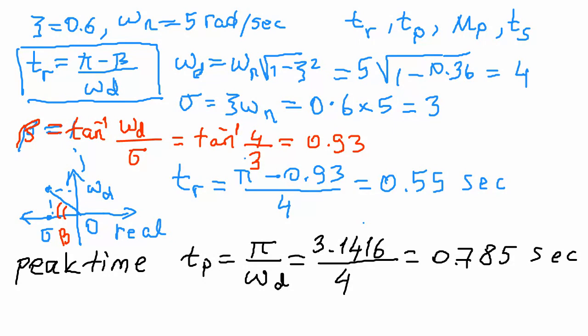So peak time, of course, rise time is the earlier one, reaching the step value, but there is of course overshoot. Then overshoot occurs 0.78 second after the beginning.